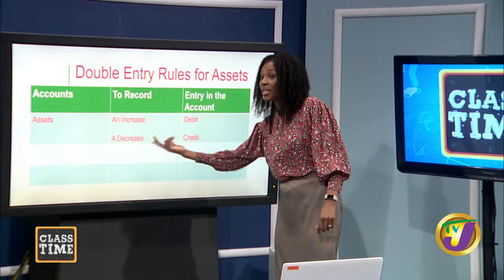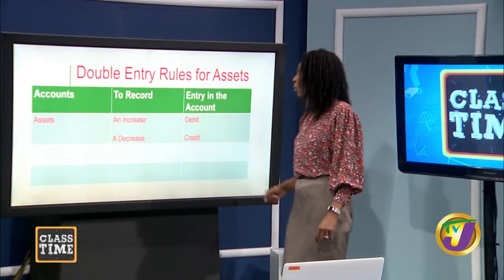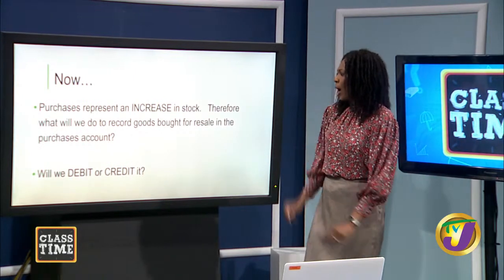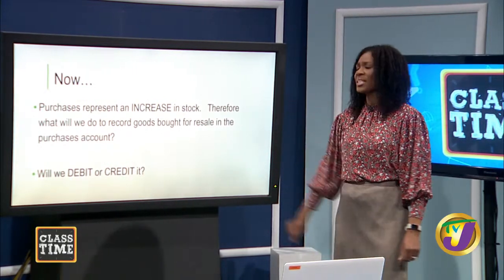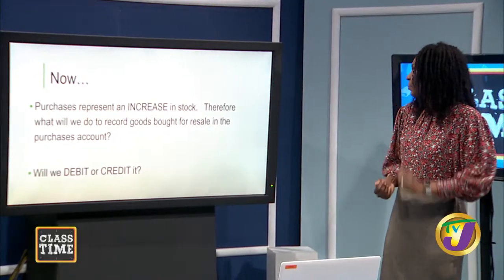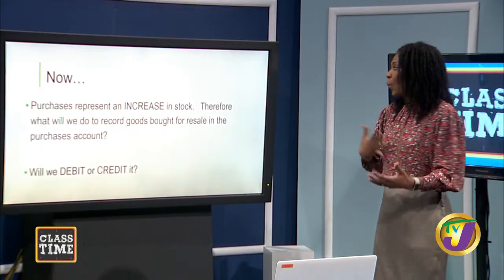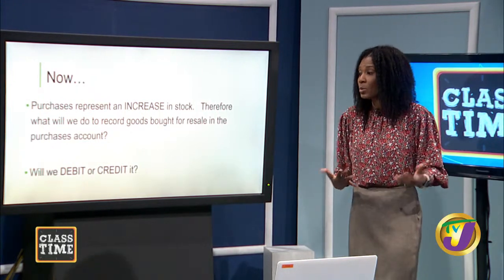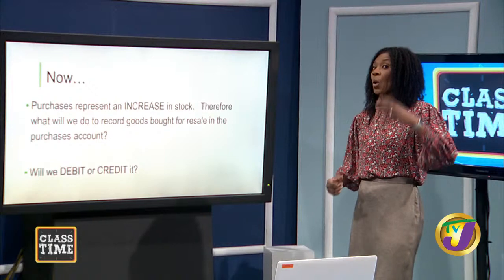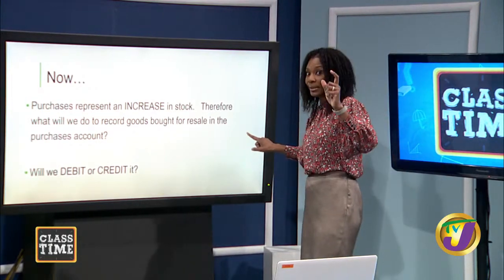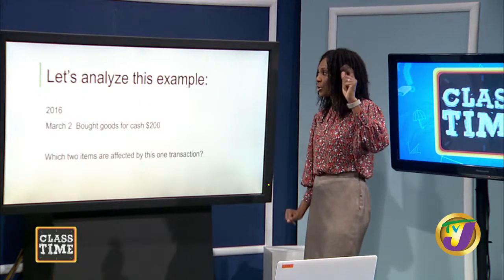And when there's a decrease, we're going to credit the account. All right, good. Moving on. Now, purchases, as said, represent an increase in stock. Therefore, what will we do to record goods bought for resale in the purchases account? Will we debit or will we credit? If you were listening, we will debit to show an increase.